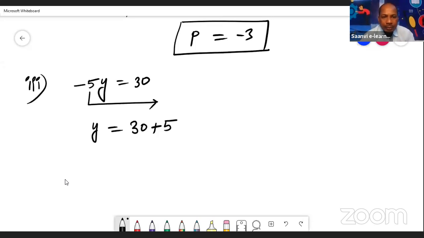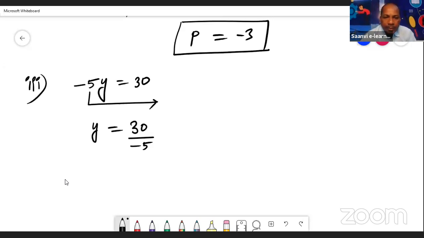Just now we have discussed: when we are sending the terms from LHS to RHS, we have to see the relation between the two quantities. Here minus 5y is nothing but minus 5 into y. So here minus 5 is multiplying. Don't think that when this minus 5 is sent this side it becomes plus 5. When this minus 5 is sent this side, it becomes division by minus 5. Why? Because minus 5 is a multiplication quantity; when sent this side it becomes a division quantity. So 30 by minus 5.